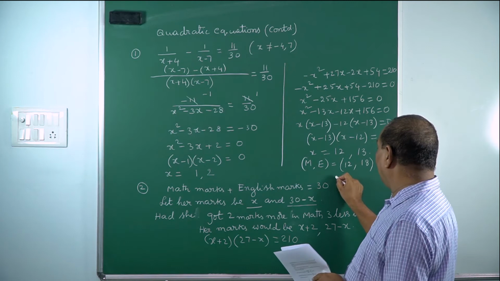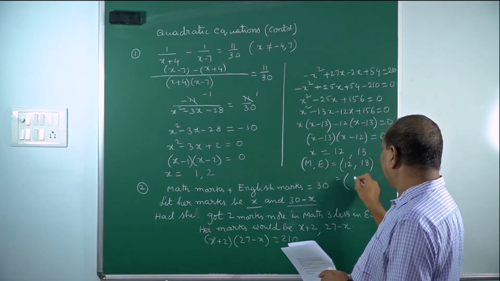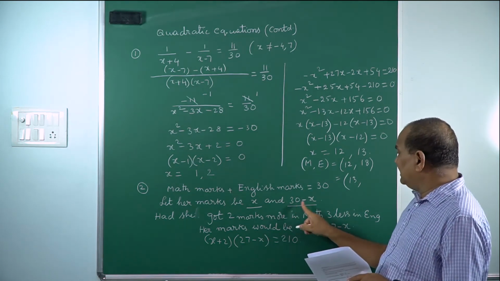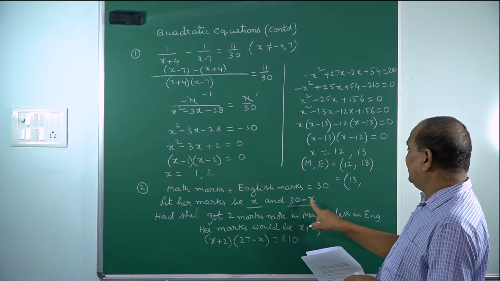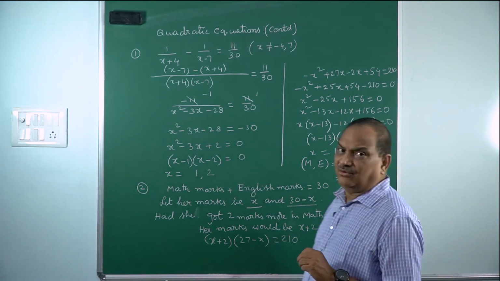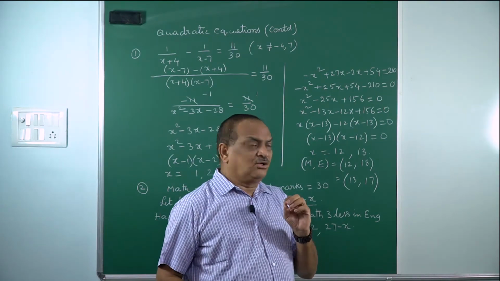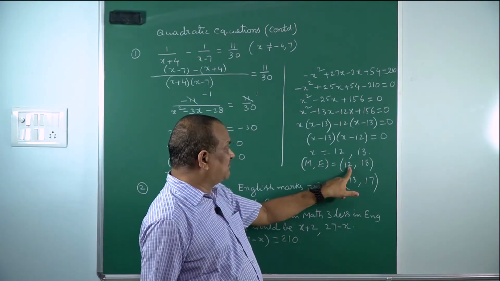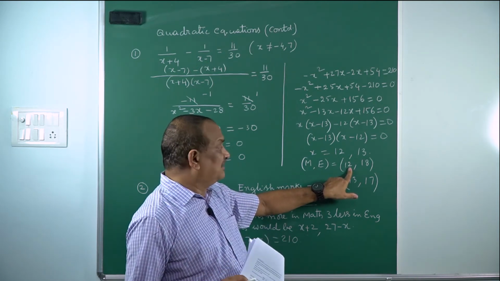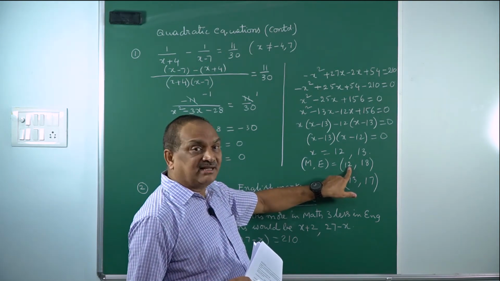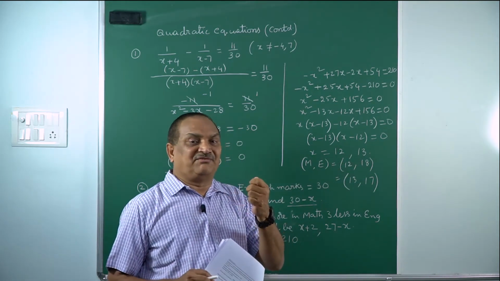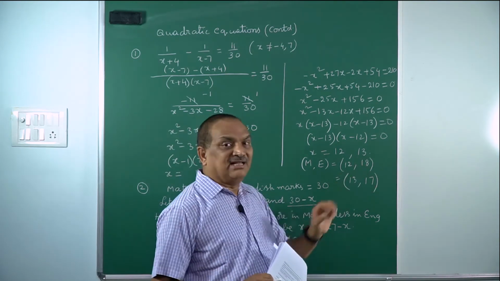Another way, if math marks are 13, English marks will be 30 minus 13, that can be 17. And let us verify now. Had she got 2 marks more in maths, this becomes 14. If she gets 3 marks less in English, English marks become 15. And 14 into 15, that will be 210.